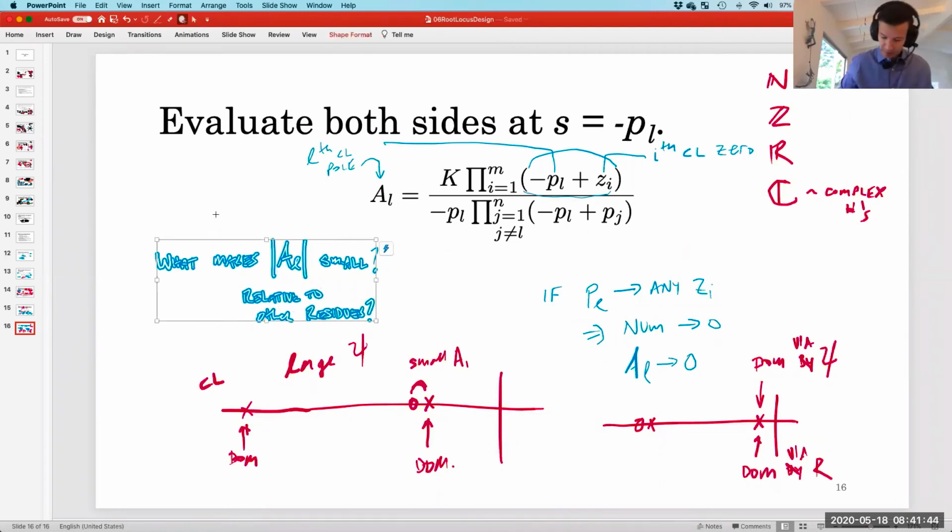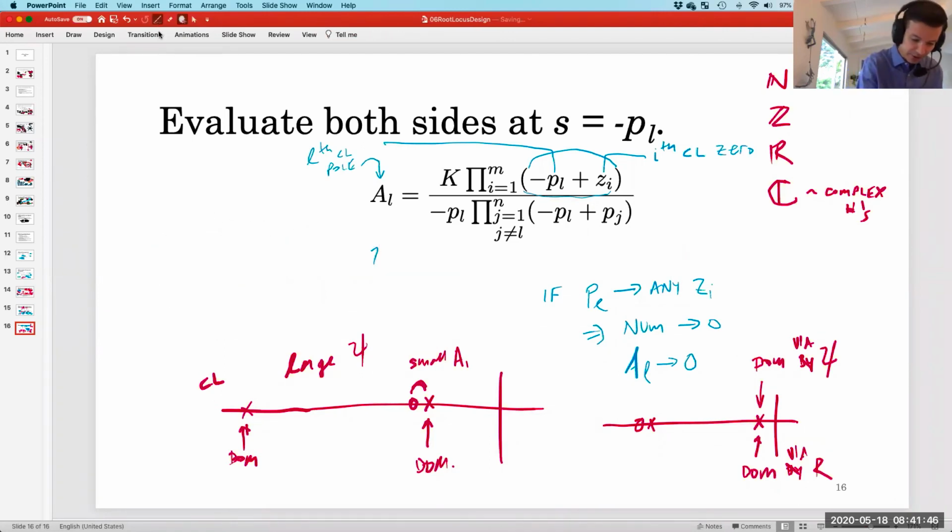Let's give ourselves some numbers here. Let's call this pole 1 and pole 2. If I were to look at the step response of this system, then pole 1 would have a mode that decayed very slowly, but its residue is very small.